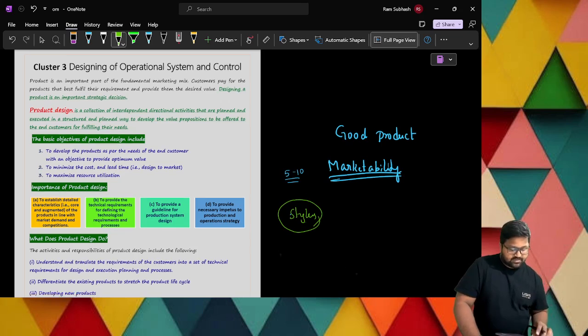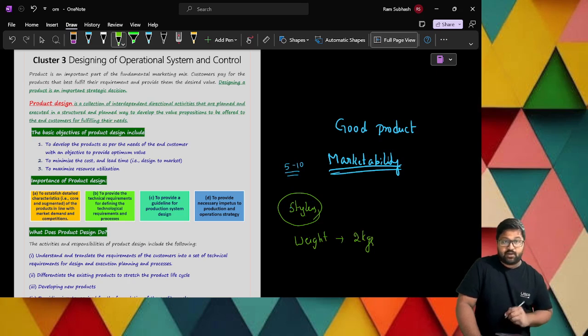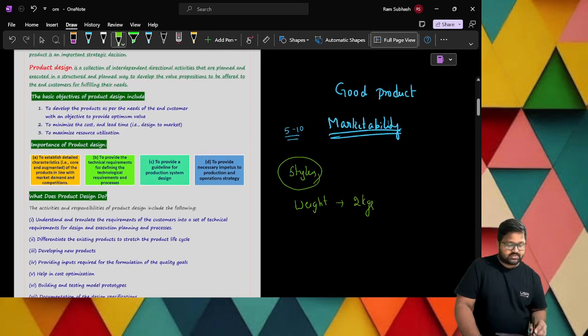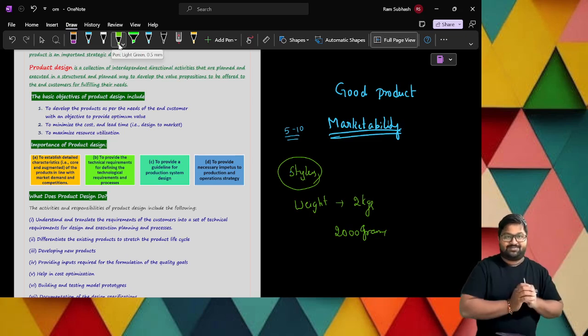Suppose the weight of the stylus is 2 kgs, that is 2000 grams. I have to hold the pen like this and write like this.